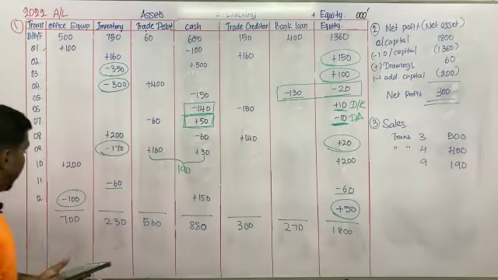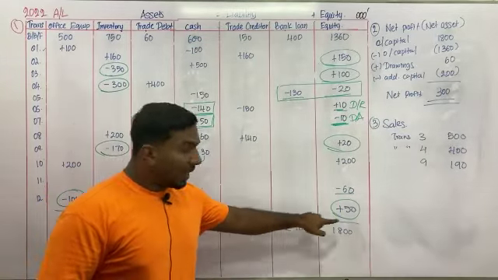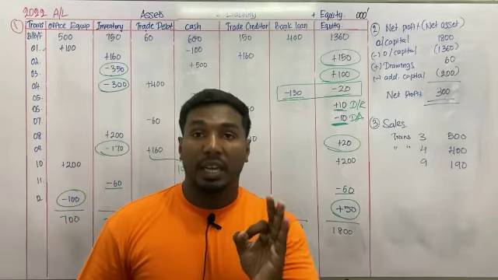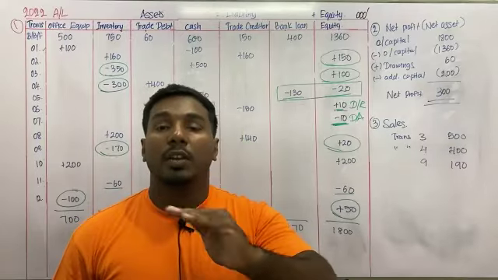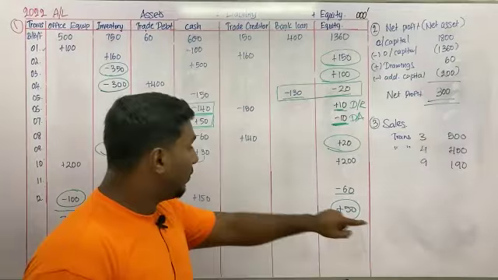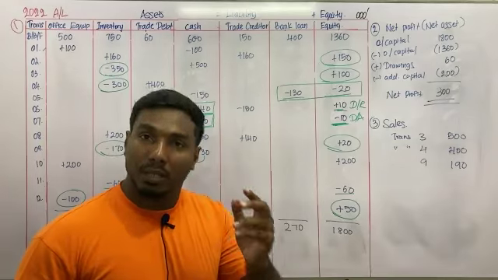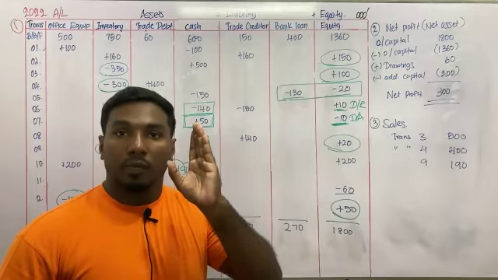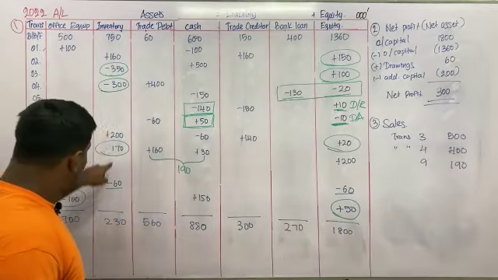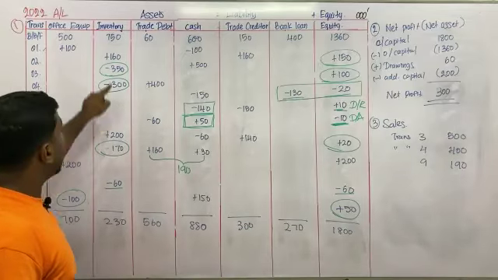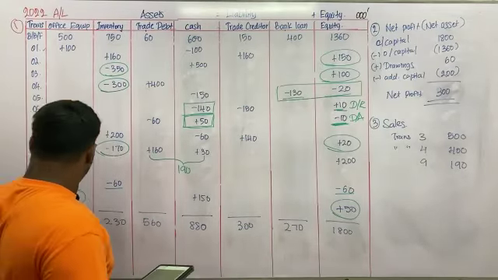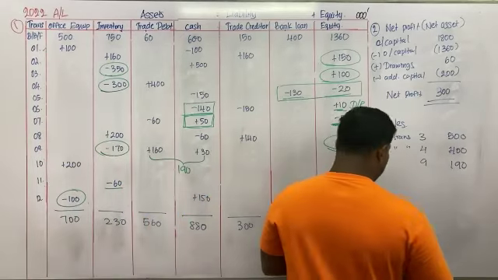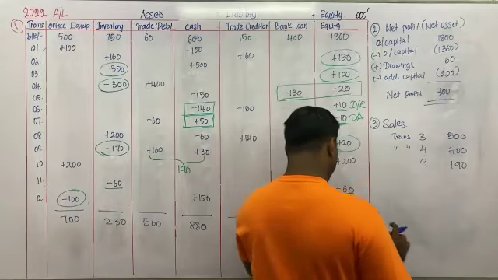And the sale of the office equipment won't be considered as a sales revenue, because sales is what? The goods sales. The inventory sales is only considered as the sales, not the property plant equipment sales. So only these three are included as sales revenue.